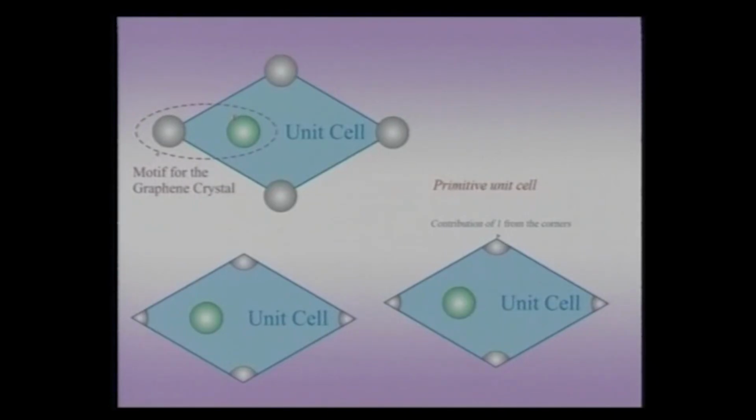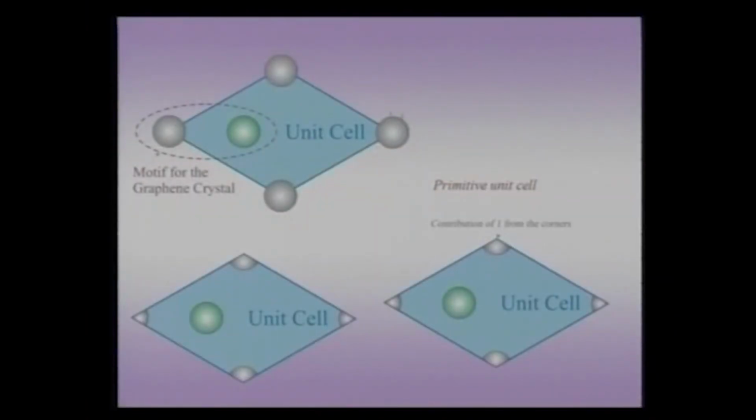The motif is now this green and this grey atom, which form the structure that can be repeated. We had pointed out that this is truly not the unit cell, because if I try to repeat this, there will be an overlap of atoms from neighboring unit cells. Therefore the true unit cell is obtained by cutting off the parts of the atoms which are not present within this blue area, and this is the picture shown at the bottom.